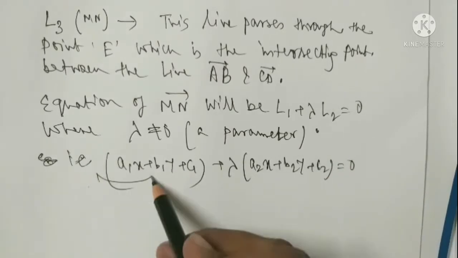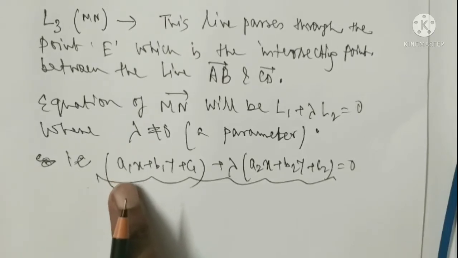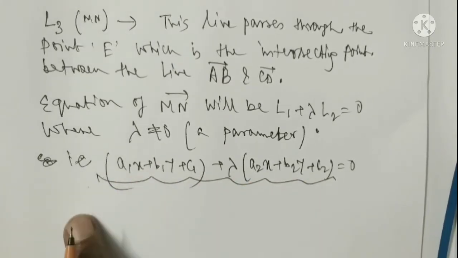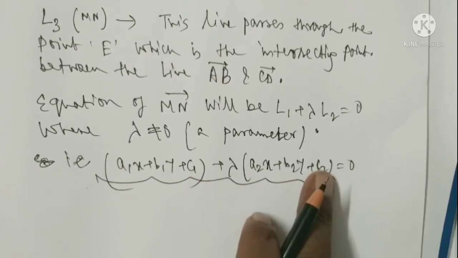What is the utility of this form? Now the question arises, why should I write in this form? Because a1, b1, c1, a2, b2, c2 all are given in the problem.